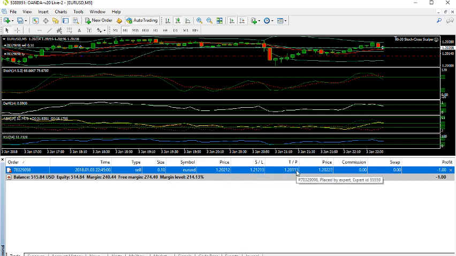So it's looking for a quick 100 pips to take profit. And that's the current price.